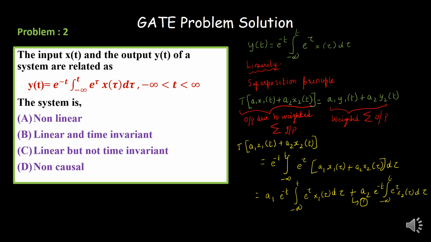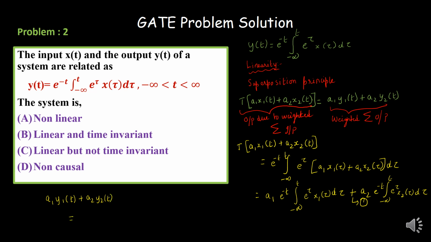Okay, and then we will find out the weighted sum of output signals. The weighted sum of output signals is represented as a1 y1 of t plus a2 y2 of t.